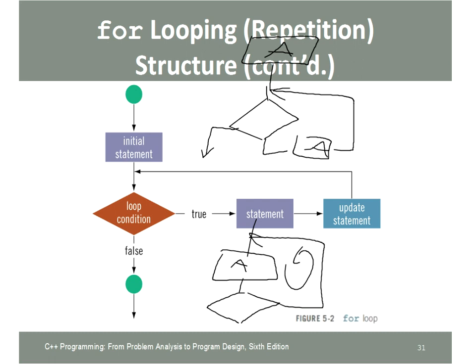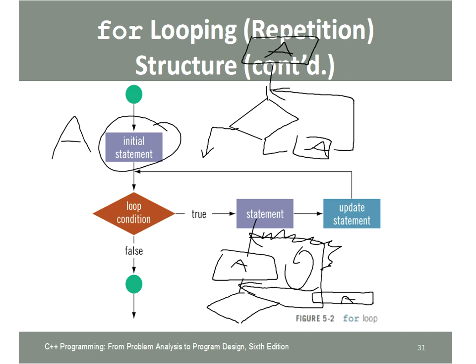So the way that we made it structured, we got rid of this line, we go back into the loop, and then we added another A. That's what we mean by the initial statement. Let's say it's A, and then the update statement is the A inside the loop.